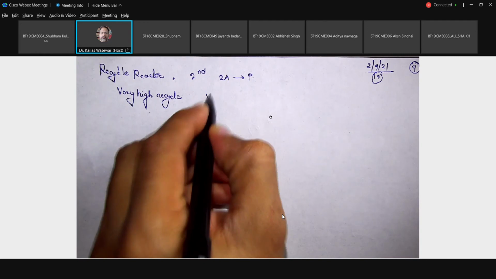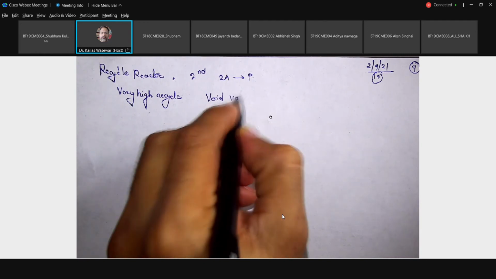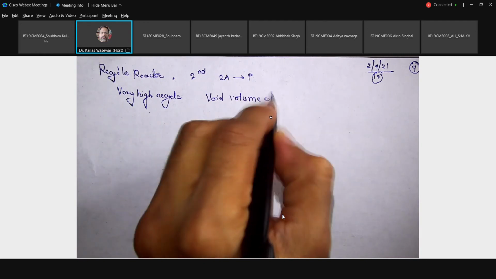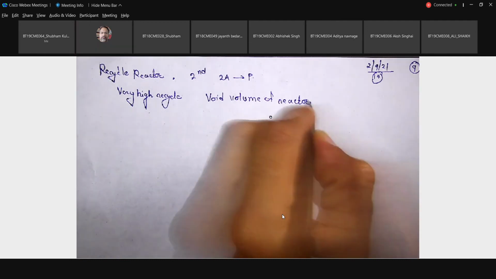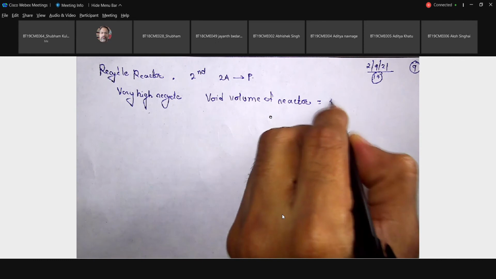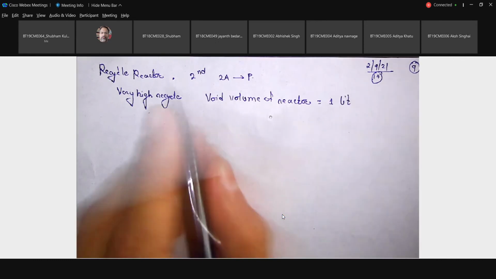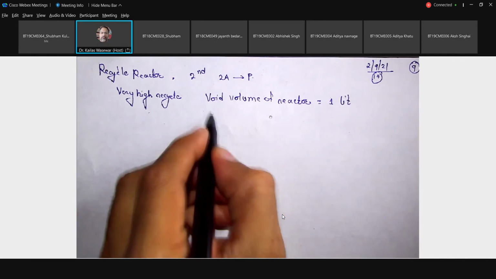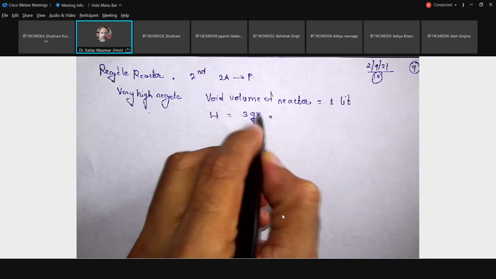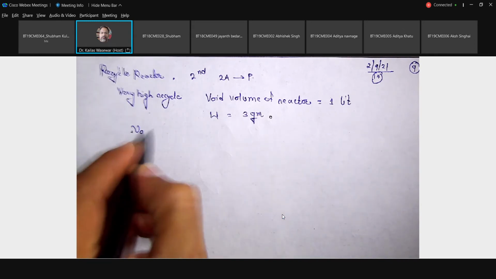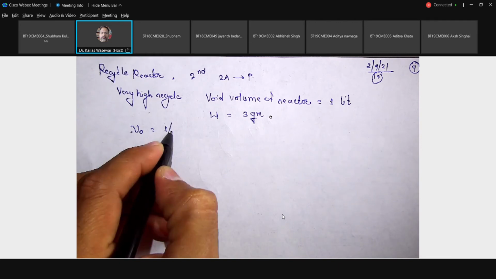Here the void volume of the reactor is given as 1 liter. The weight of the catalyst is around 3 gram. Volumetric flow rate is 1 liter per hour.